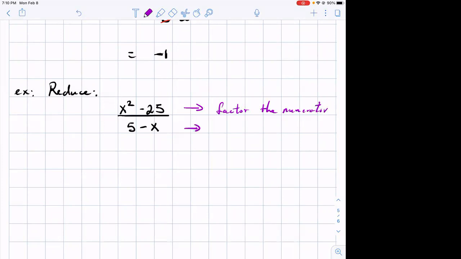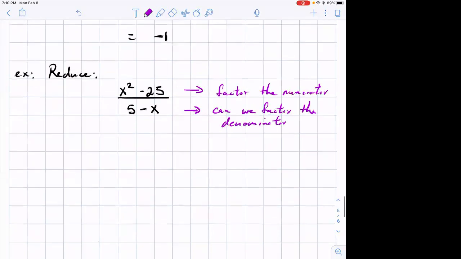And can we factor the denominator? Clearly the numerator is a difference of squares, x squared minus 5 squared, and there is nothing common in the denominator, so that's just 5 minus x.